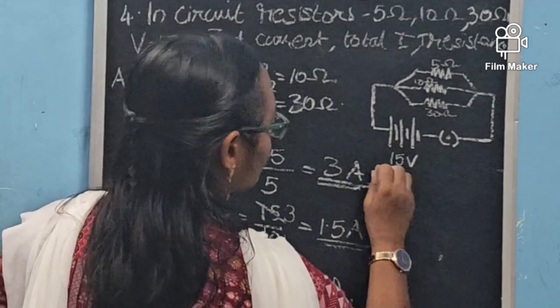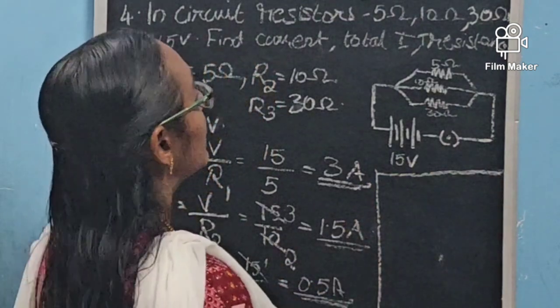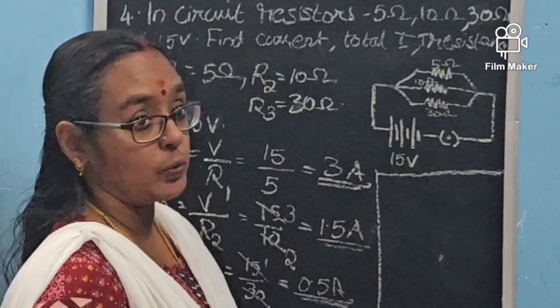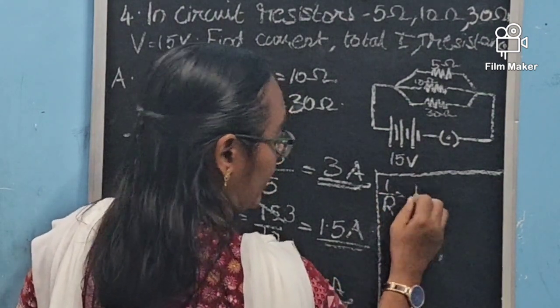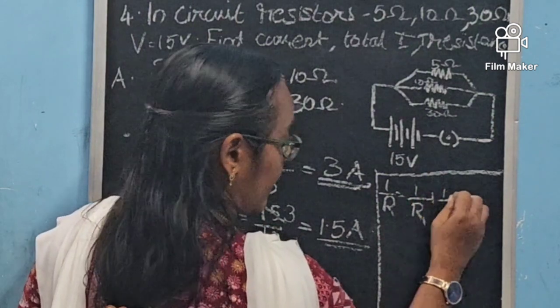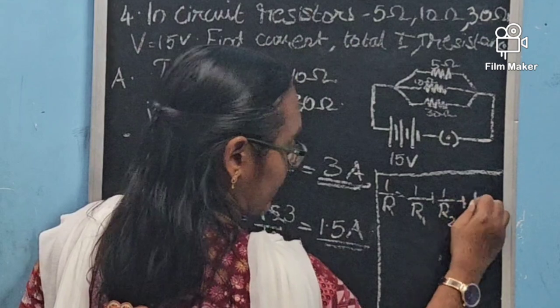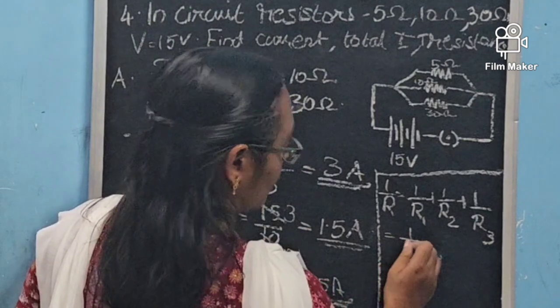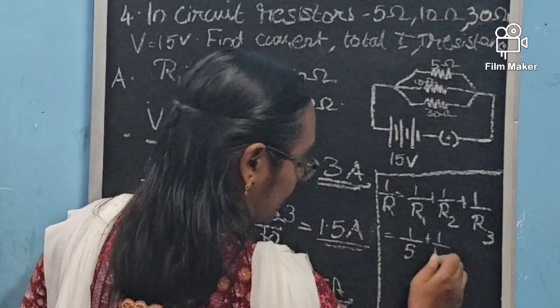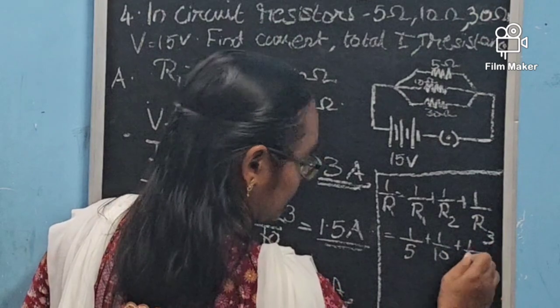Now we have to find the total resistance. In the case of a parallel circuit, 1 by R is equal to 1 by R1 plus 1 by R2 plus 1 by R3. So the values will be 1 by 5 plus 1 by 10 plus 1 by 30, isn't it?